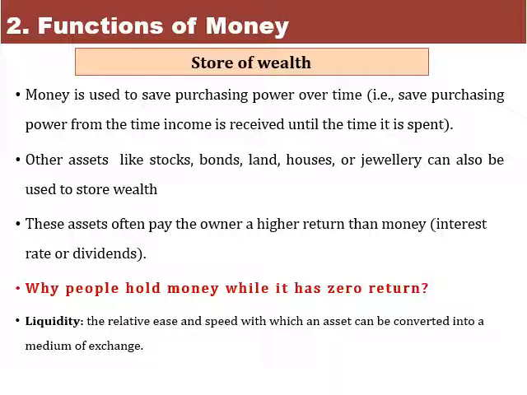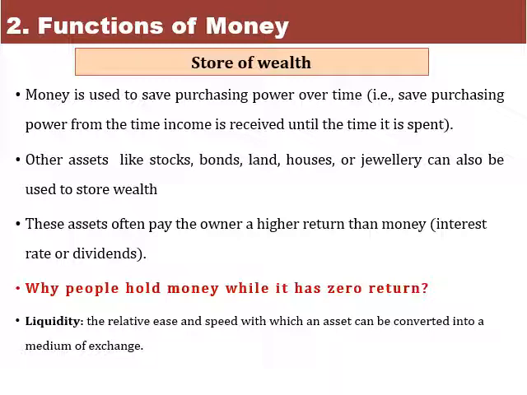So what we can say here is that money can be used directly as a medium of exchange, while other assets must be converted to money before using them to make purchases. And of course, when we convert other assets into a medium of exchange, this will imply some transaction cost.